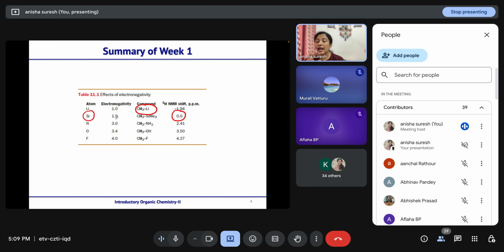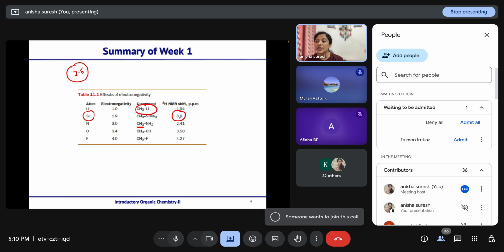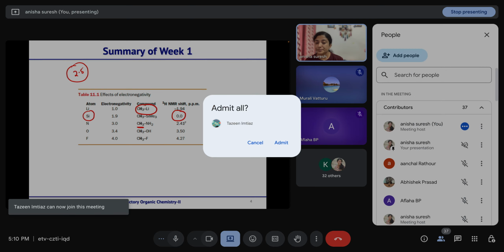And when we have atoms with greater electronegativity, we know the electronegativity of carbon is around 2.5 or 2.4. So if atoms having greater electronegativity than carbon are present, like nitrogen, which has an electronegativity of 3, then protons like CH3NH2, these CH3 protons will be coming in the region of 2.41.